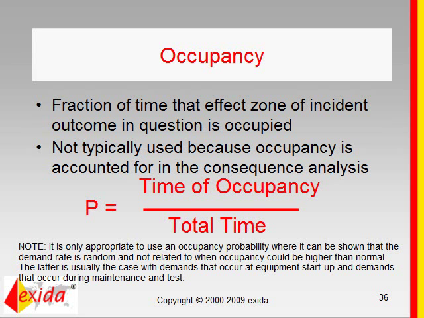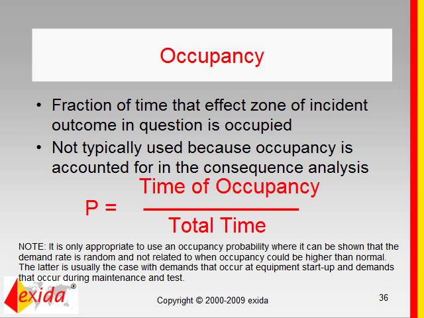Occupancy is the time that the area is occupied versus the total time. Let's say I have an unmanned platform, and one week a year, 1/52 in that case, I send a maintenance crew out there.